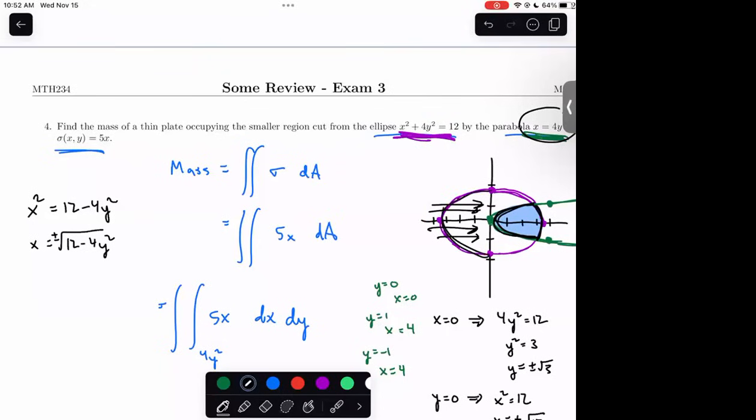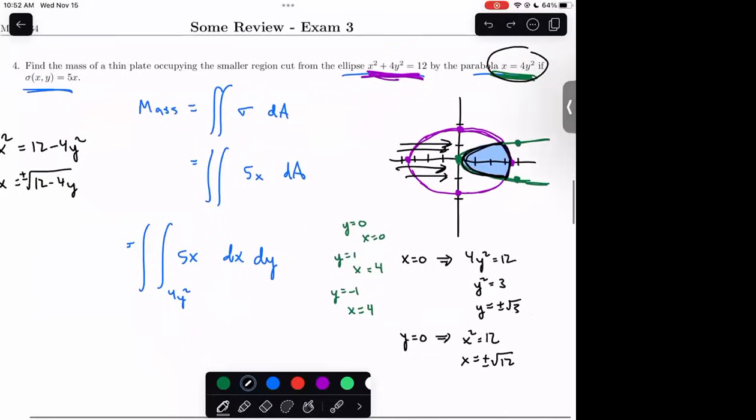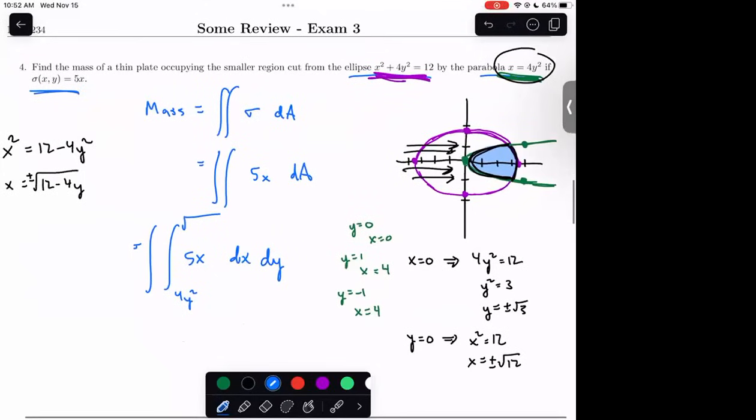So the negative square root is going to be all this stuff over here where I have negative x values, and all of the positive stuff is going to be over here where I have positive x values. And so you can see that the only one I'm interested in, the one I'm actually exiting out of, is the positive square root. So I'm going to be exiting through the positive square root of 12 minus 4y squared.